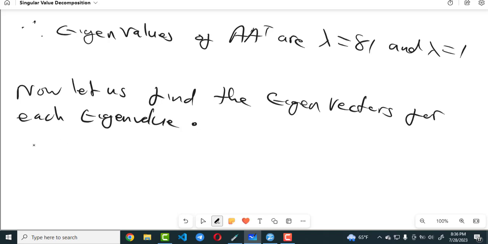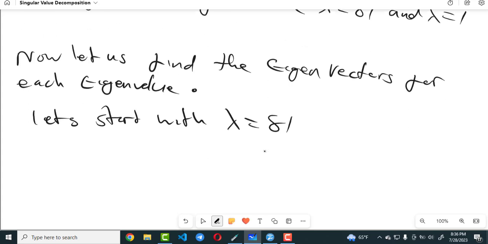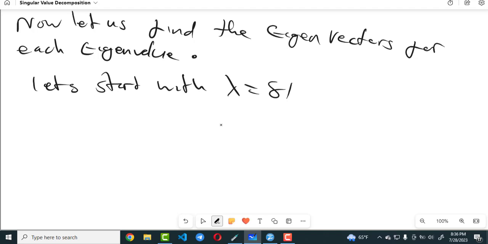So let us start with lambda equals 81 to find its vectors. To find its vectors, we simply use this formula: AAT minus our lambda identity matrix, multiplied with our vector 1. Vector 1, or we can call it x1, so that we can form a simultaneous equation.